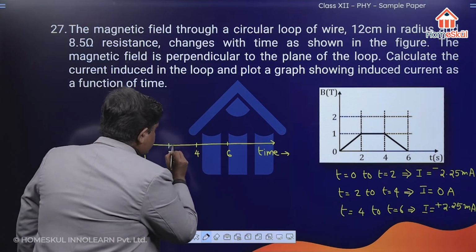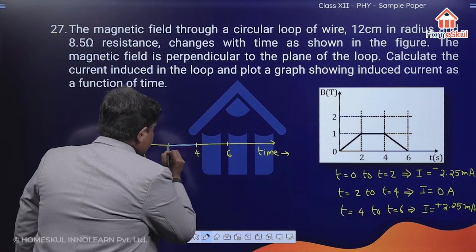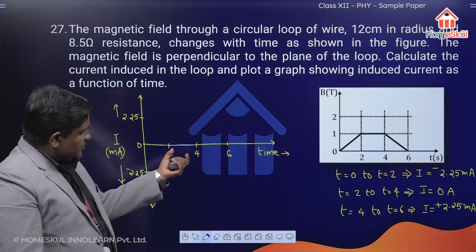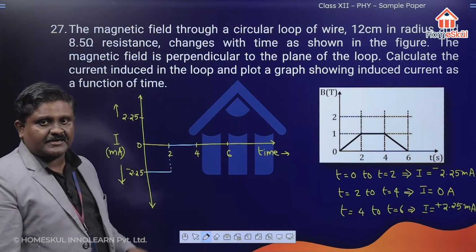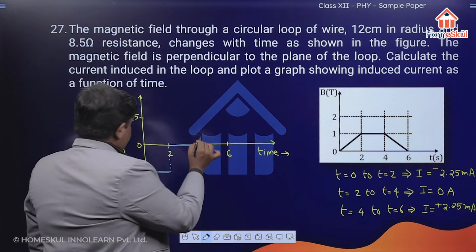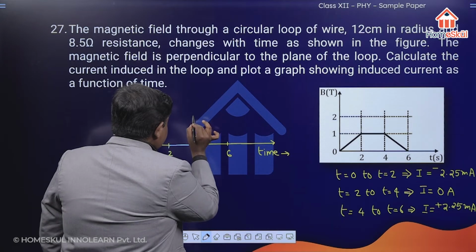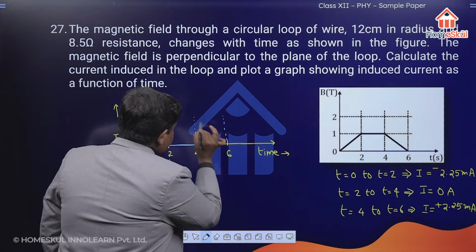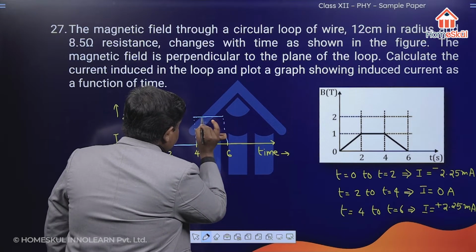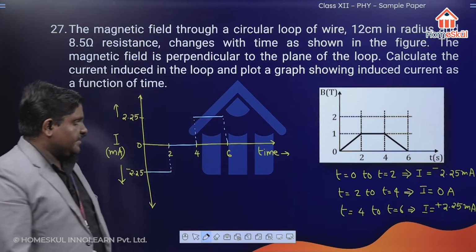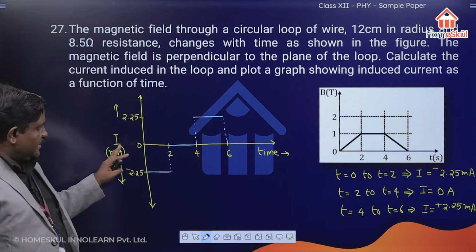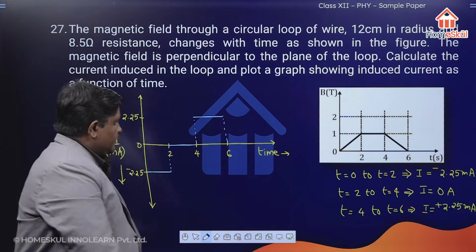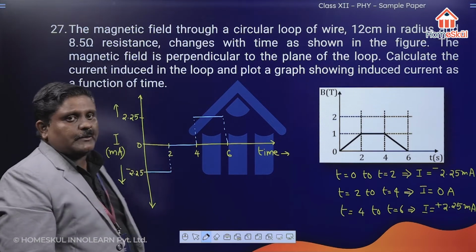Then for the time interval 4 to 6, the value of current is 2.25 milliampere. So we obtain the current-time graph like this. Clear? Okay, so we move on to our next question.